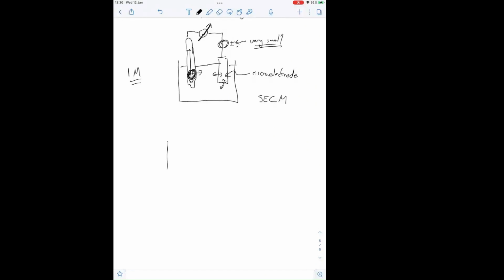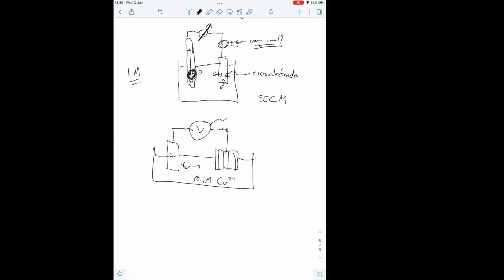So you have some metal that you want to plate onto, you have some big wire mesh here, and all you'll find in the literature is we dumped it in a bath of, let's say we're plating copper, 0.1 molar copper 2+ solution. We have a copper electrode, and we applied a voltage of 0.1 volts for 2 hours.